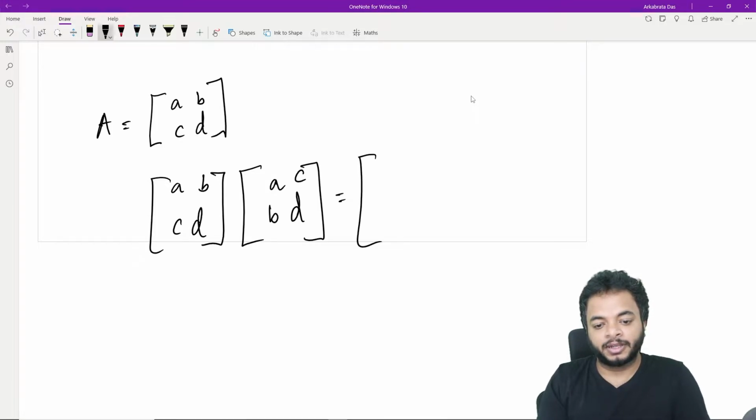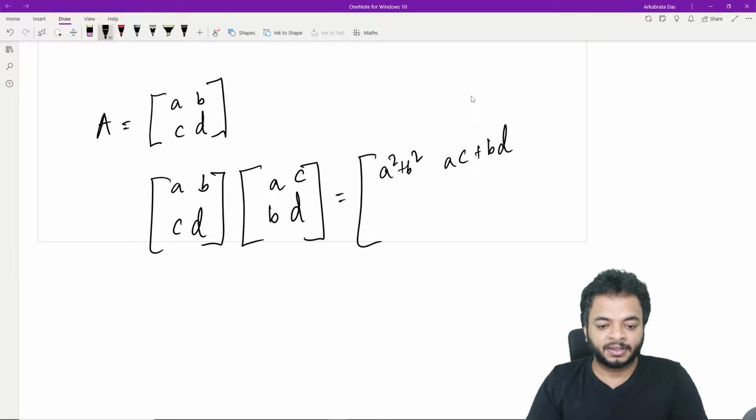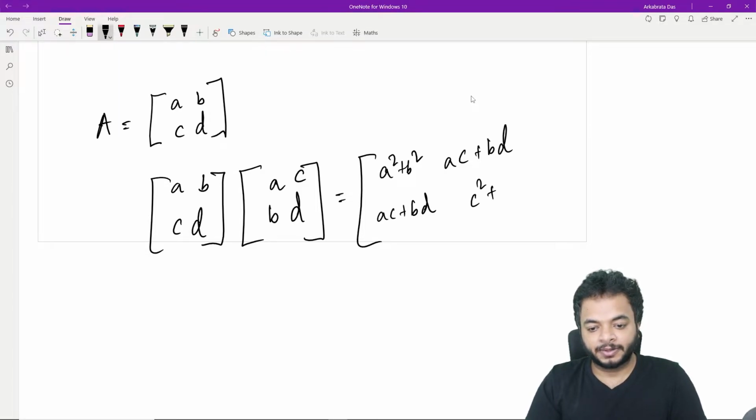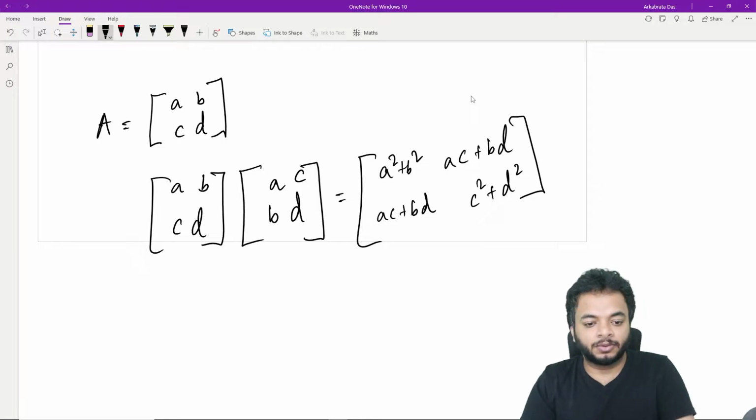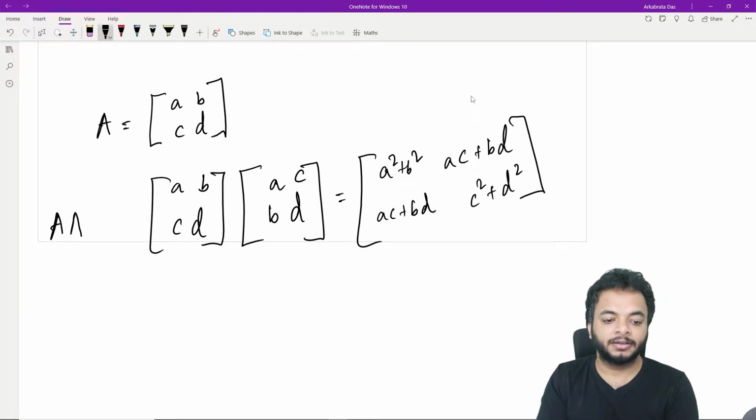Then what are you getting? a squared plus b squared, and then ac plus bd. Here also you are getting ac plus bd, and here you are getting c squared plus d squared. And now notice that this is A times A transpose.